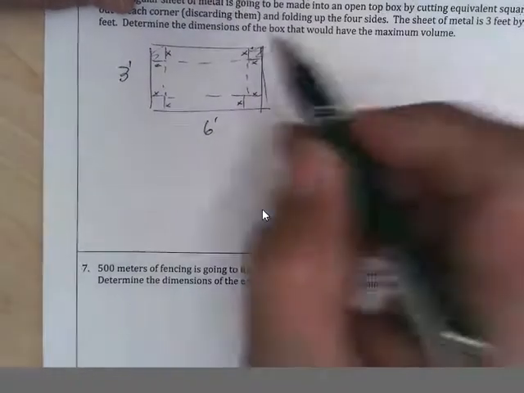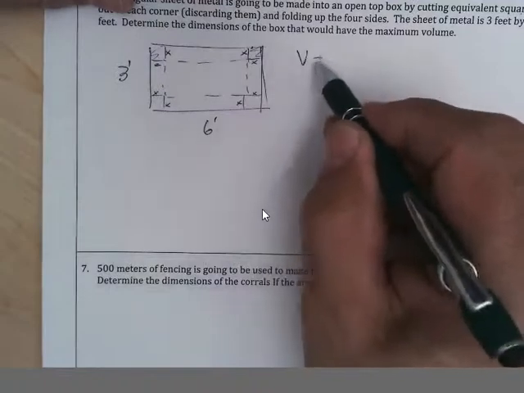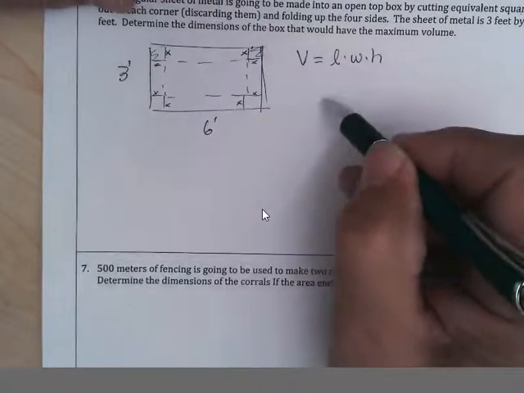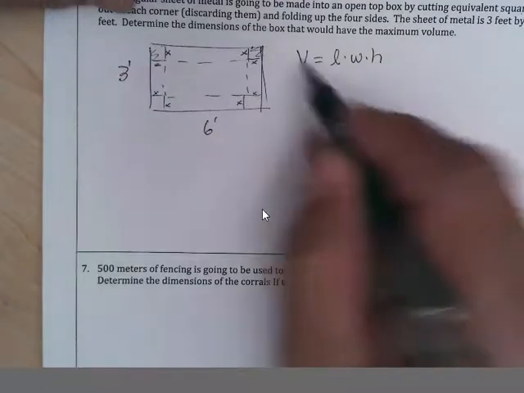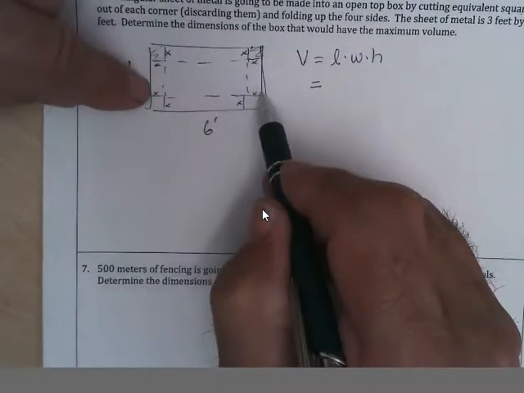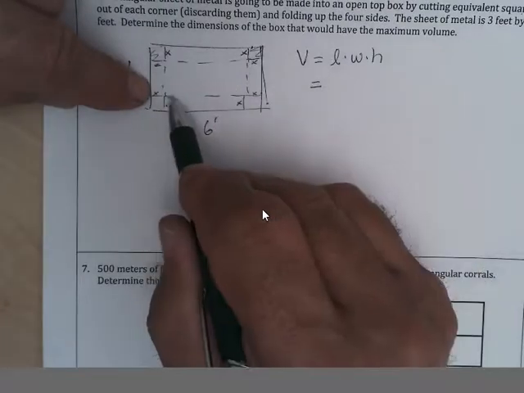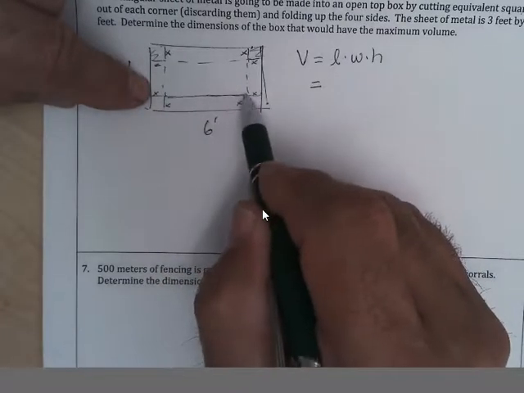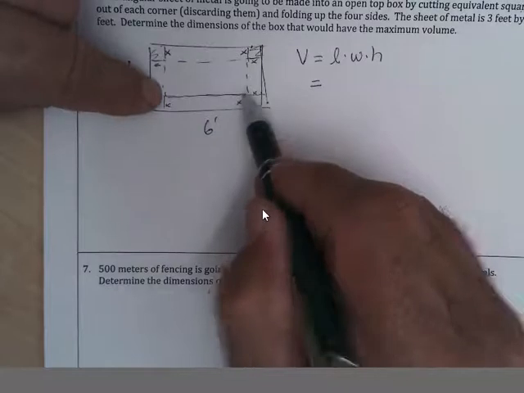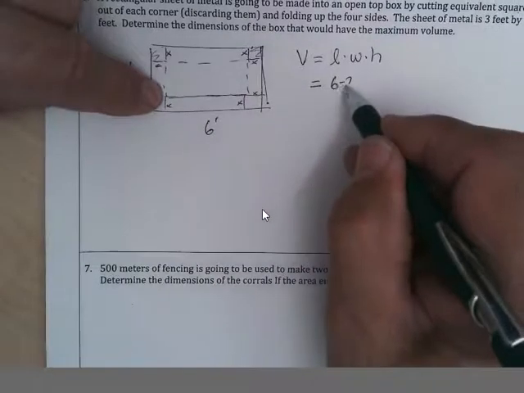So the volume of the box is length times width times height. The length of the box: the sheet metal is 6 feet, but the bottom of the box is going to be just from there to there, which is going to be 6 minus an X, and minus an X, so 6 minus 2X.